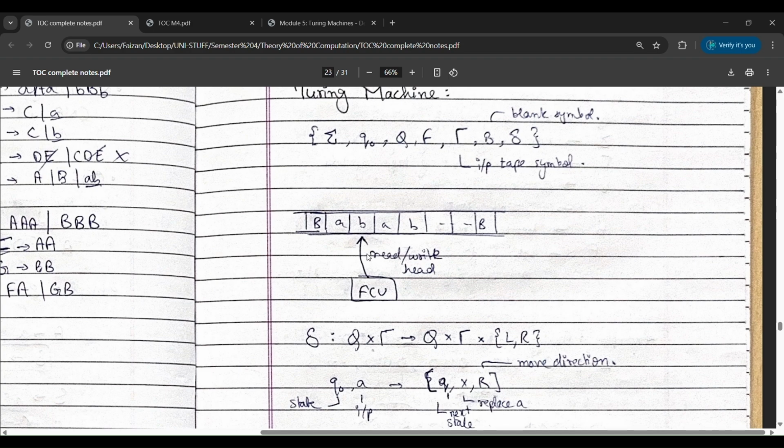You can move this head towards the right or the left, one step at a time. And it reads the input, and it can also write the input over here. So it can edit the same input, and it can create a new symbol in place of the input depending on the type of question or grammar or whatever the machine is supposed to make. And again, the tape extends infinitely at both sides.